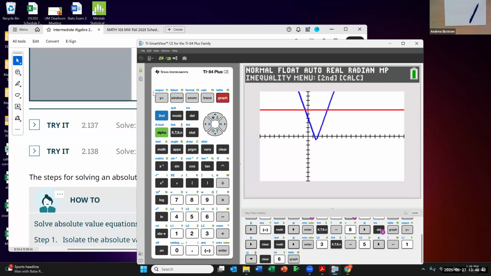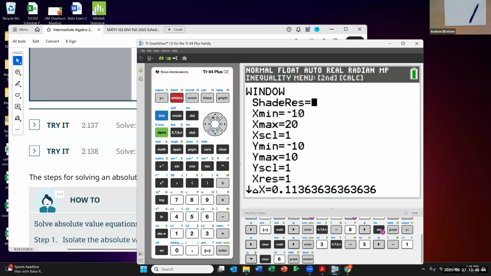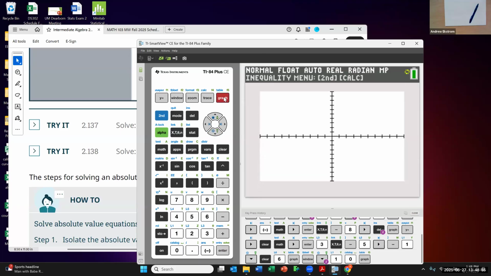So again, we can change the window here. So x will go from, say, -10 to +10. Does that make it a little bit easier to see what's going on? So this is telling us it looks like there's going to be a -1, and then 1, 2, 3, 4.